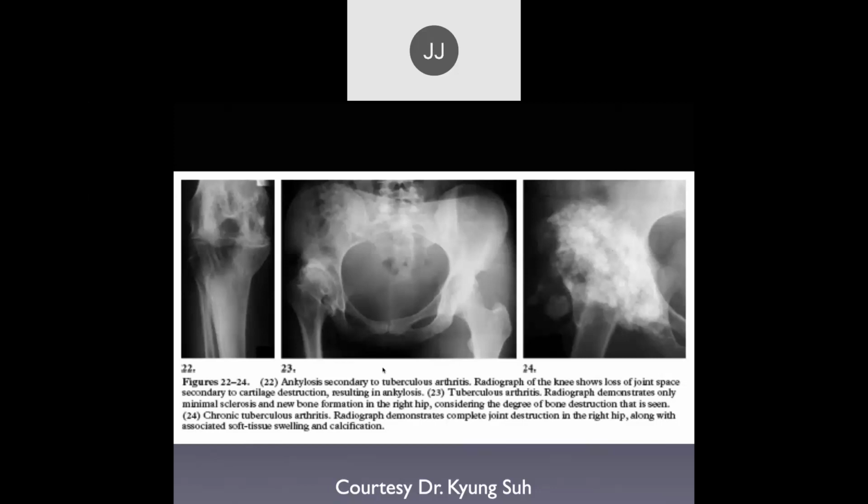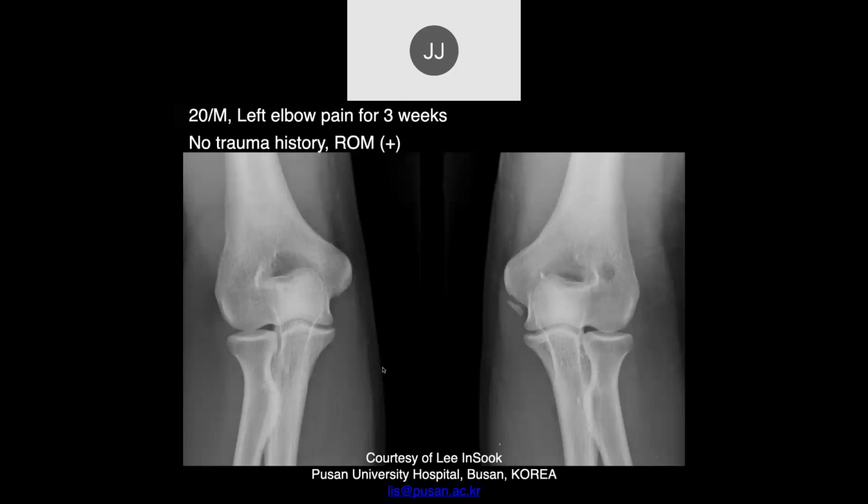A lot of different looks to TB, especially if it becomes chronic. A fellow named Hodson from China, the island near Hong Kong, was a world-renowned tuberculosis orthopedic surgeon. That's pretty much all he did.